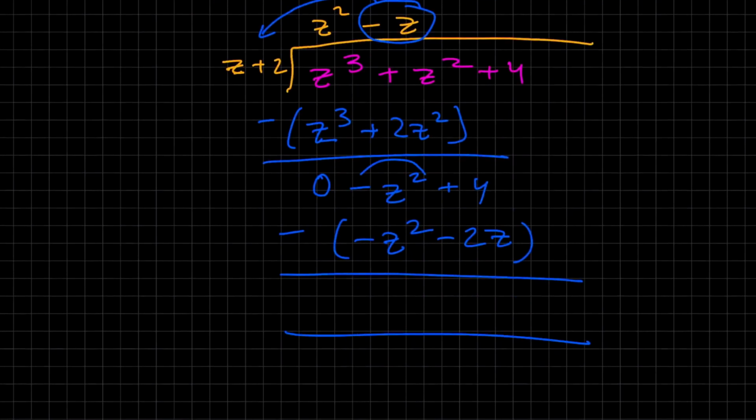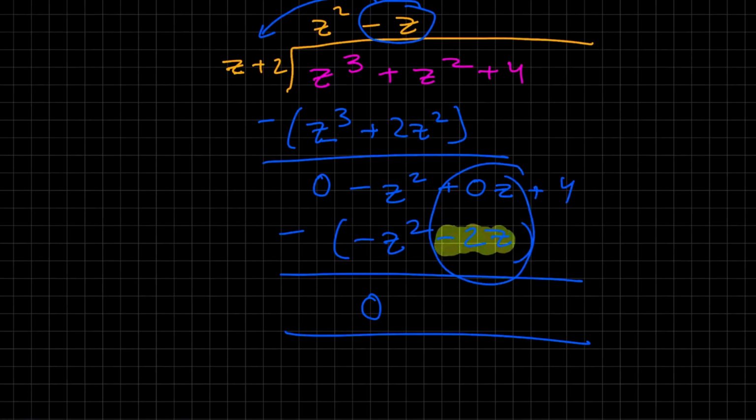Adding these together, this would equal 0. And we actually don't have another term with z here, so we can write this with an invisible plus 0z, plus 4. So 0z minus negative 2z would equal positive 2z. And again, the rest of the equation would remain the same, so plus 4.